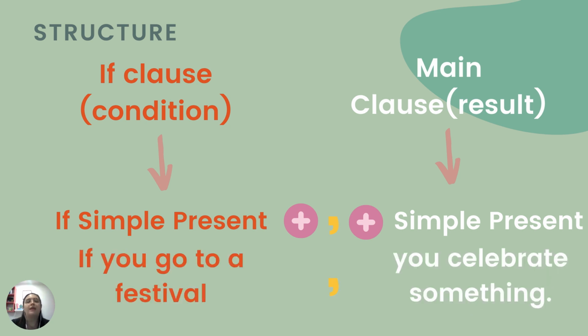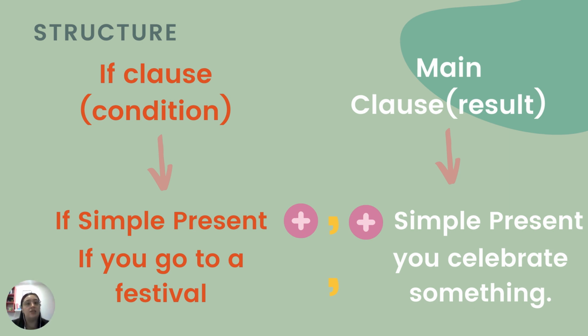Okay? Now let's see an example. If you go to a festival, you celebrate something. Our condition is if you go to a festival and the result is you celebrate something. Remember that I divided them into colors. And remember, you cannot forget the comma.